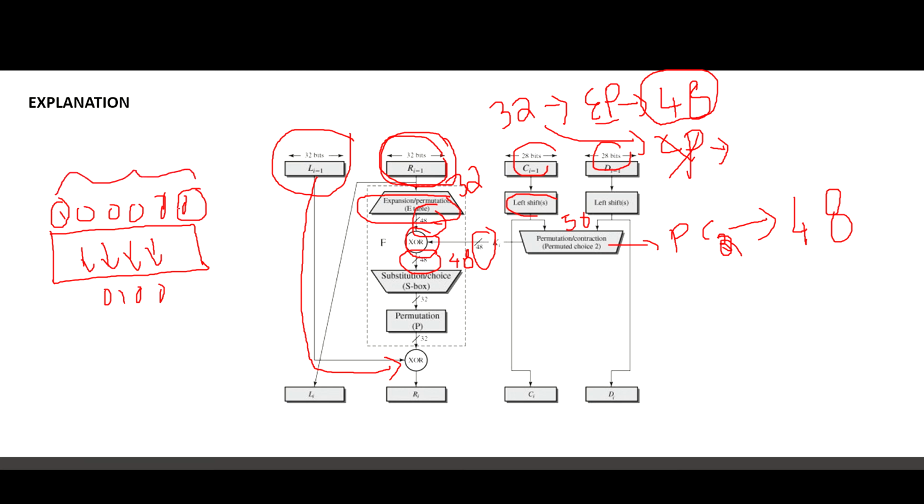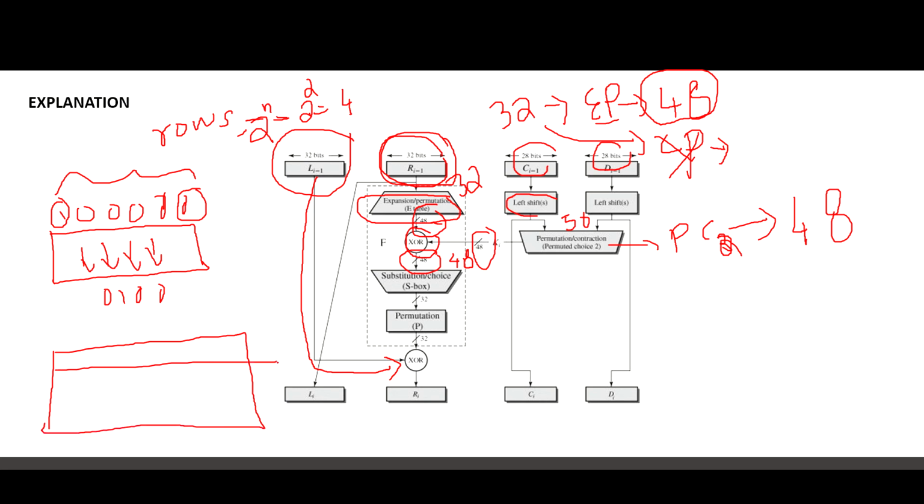The first and last digit we have to consider for taking the rows. So we have 2 bits, so the equation is 2 raised to n. 2 raised to 2 means 4 rows will be there. When we draw the table, it will be like this, rows 0 1 2 3, from 0 to 3.